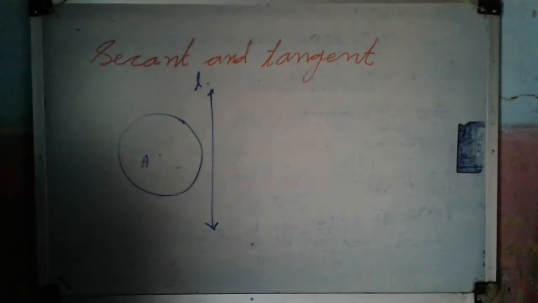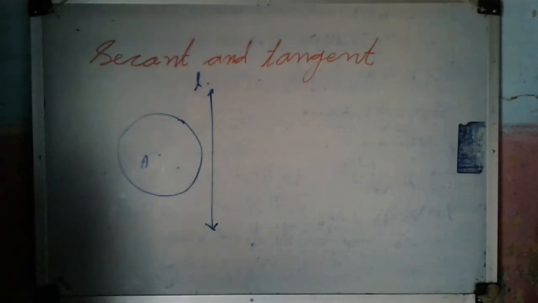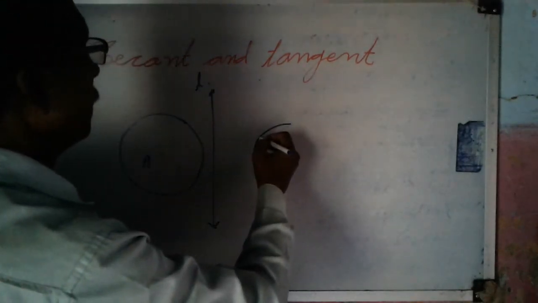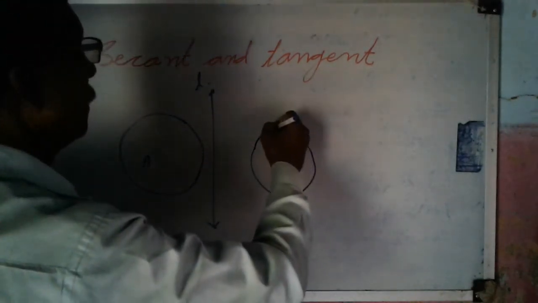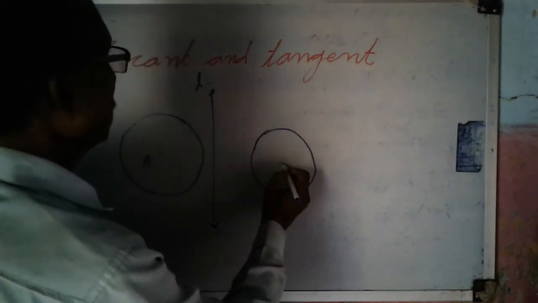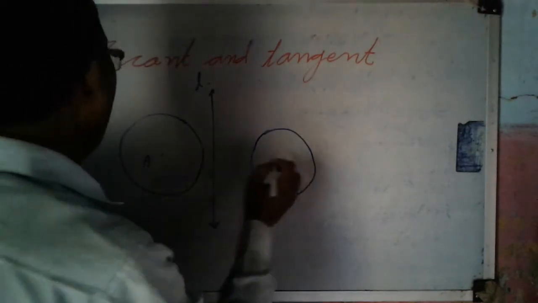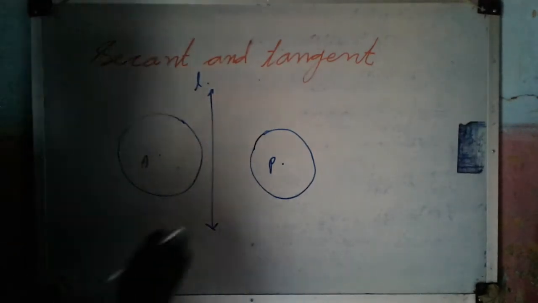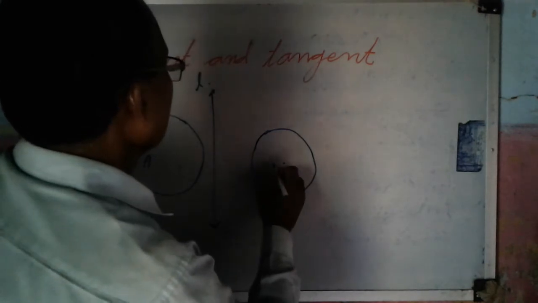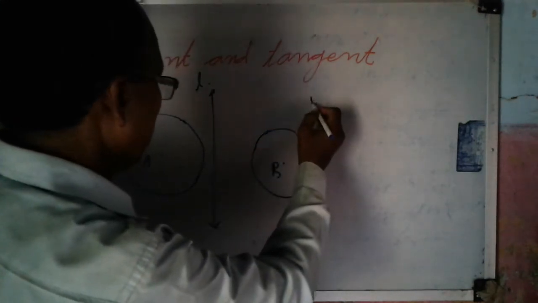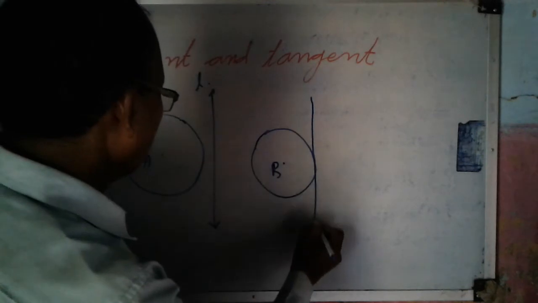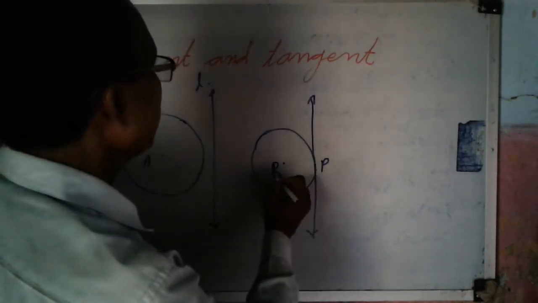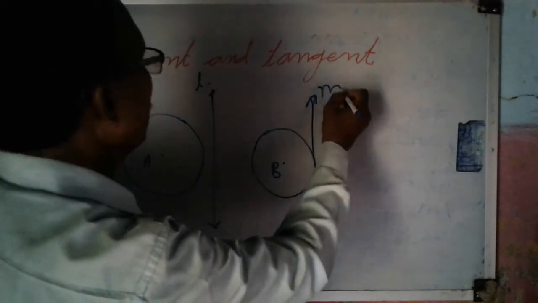Okay, now in second figure, a circle, suppose with center P, and B, and line which intersects the circle in point P. This is the line here.